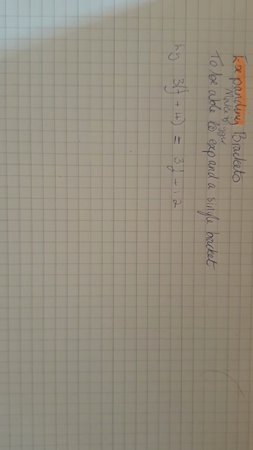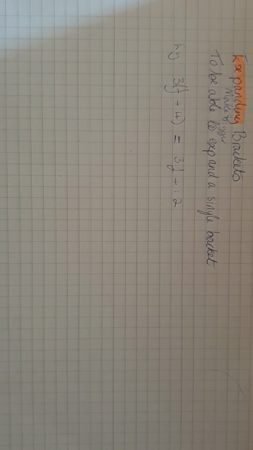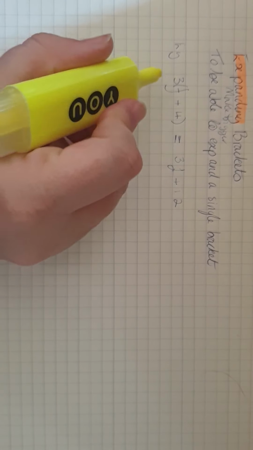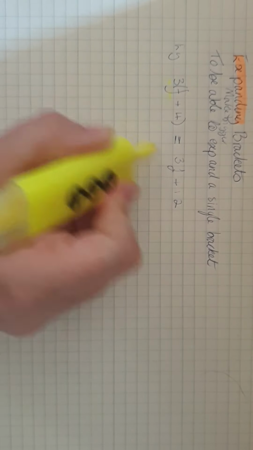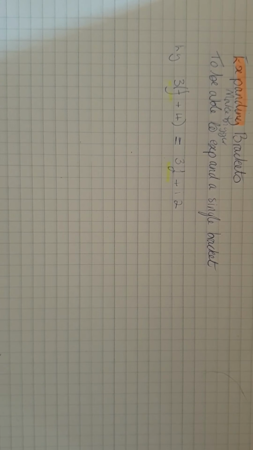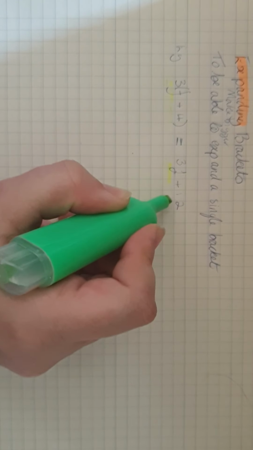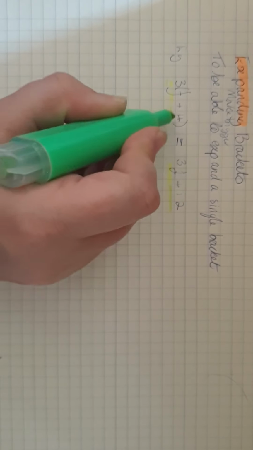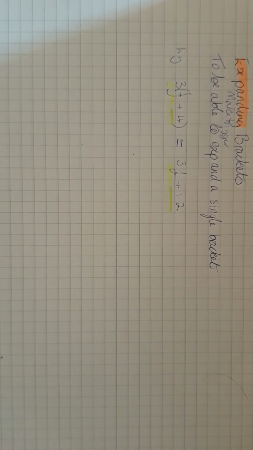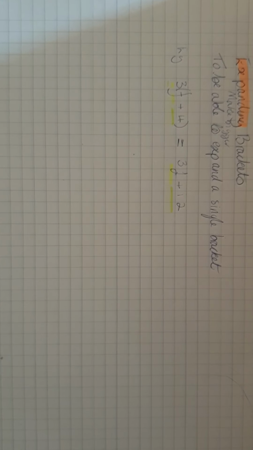We have expanded the bracket. So to recap, we've taken 3 and the f and come up with 3f. We've taken the 3 and the plus 4 and come up with plus 12.